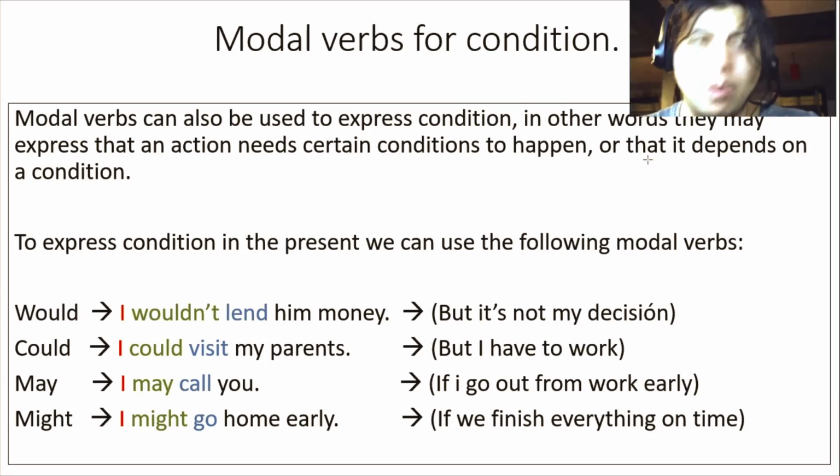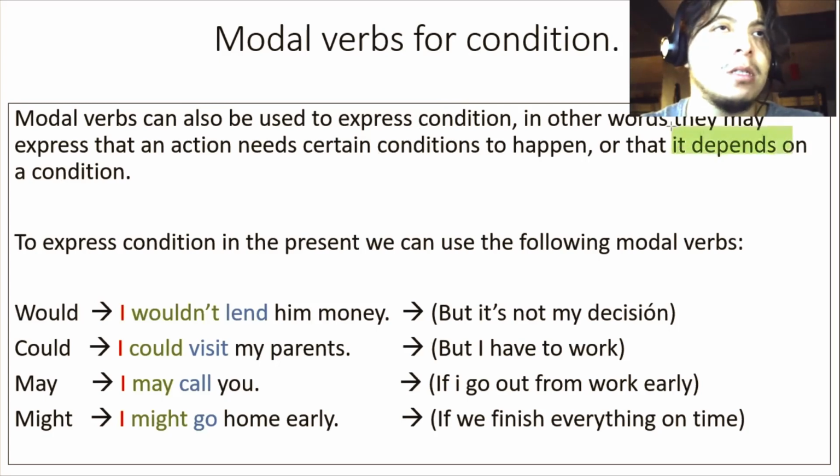First of all, what is a modal verb for condition? When do we need them? I mean, what is the meaning of a modal verb for condition? It says modal verbs can also be used to express condition. Okay, so they express condition. In other words, they may express that an action needs a certain condition to happen, or that it depends on a condition.